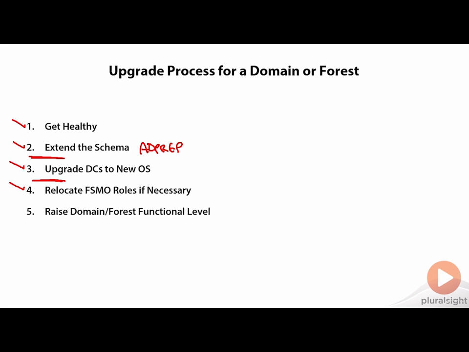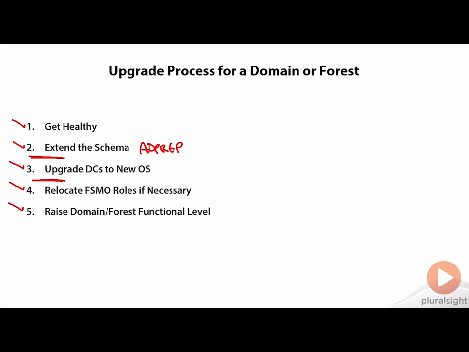The last step here is raising our domain and forest functional level. And depending on whether or not you're doing an upgrade for a domain or an upgrade for a forest, you may need to do one or the other or both. Raising the functional level, the last step, is the process that actually begins to give you all the benefits of going through the upgrade.